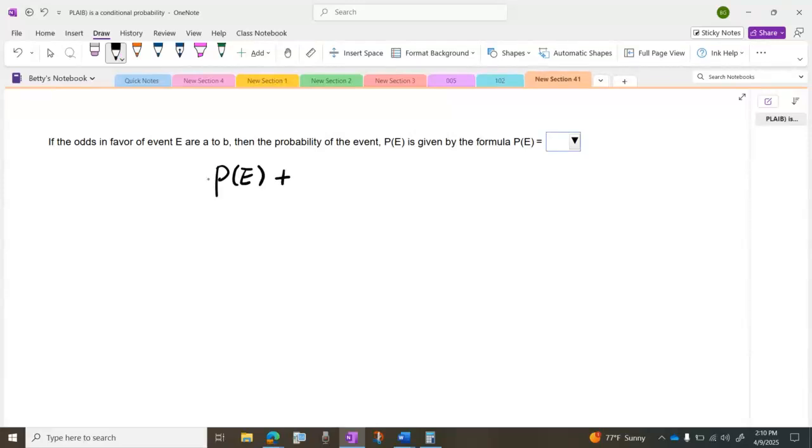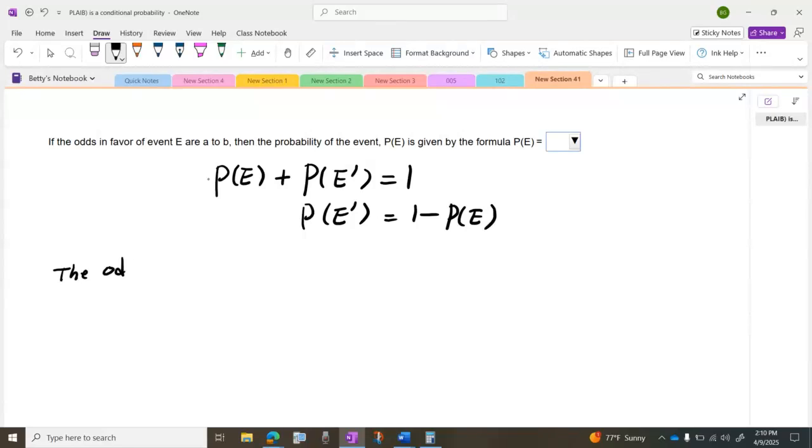P of E plus P of E prime is 1, right? So P of E prime is 1 minus P of E. The odds in favor of E occurring is a to b.